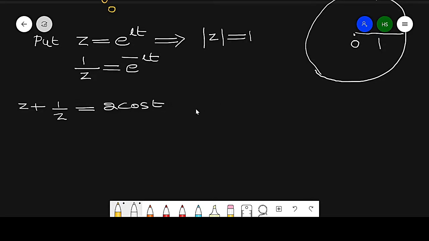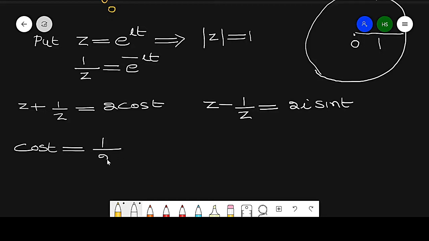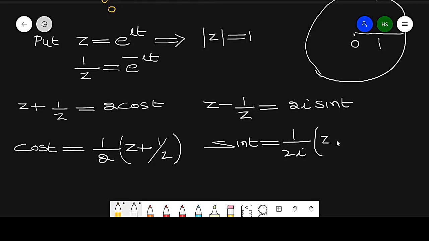And Z minus 1 by Z is equal to 2 iota sine of t. So cos of t is equal to 1 by 2 into (Z plus 1 by Z), and sine of t is 1 by 2 iota into (Z minus 1 by Z), right?